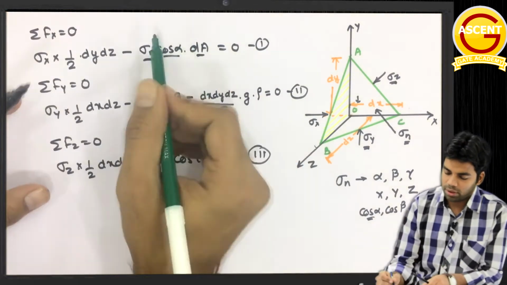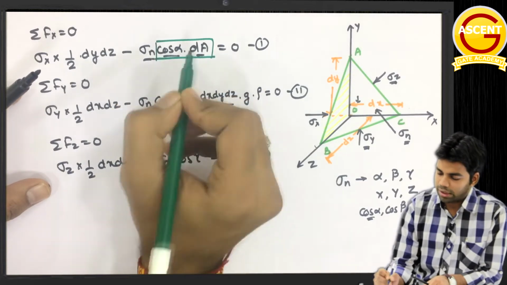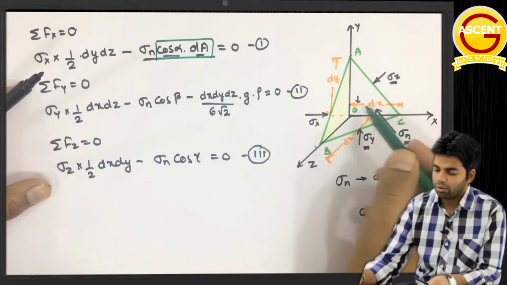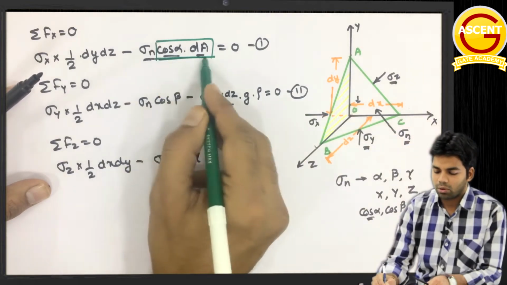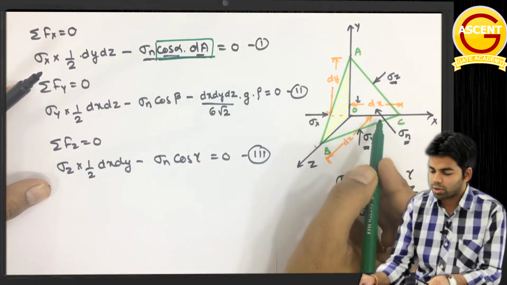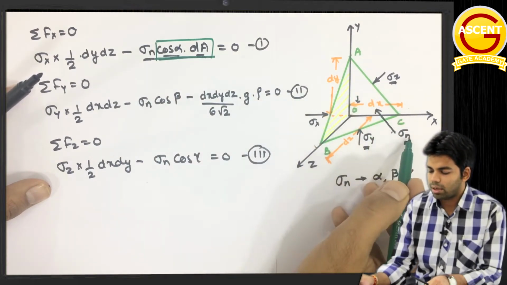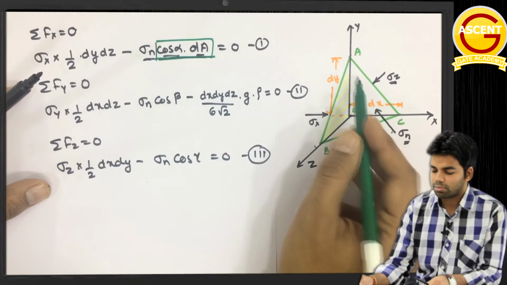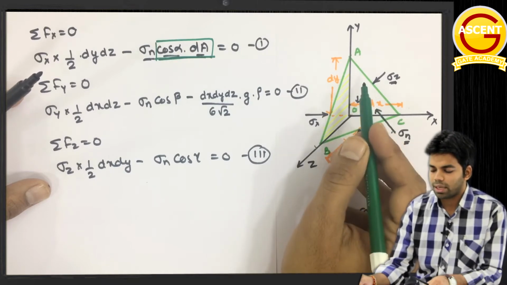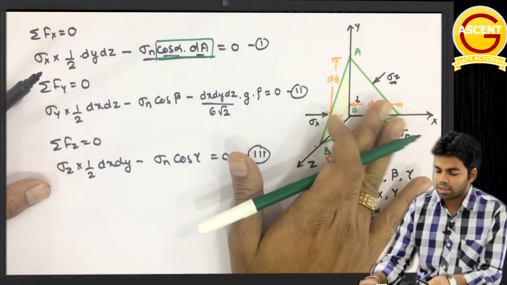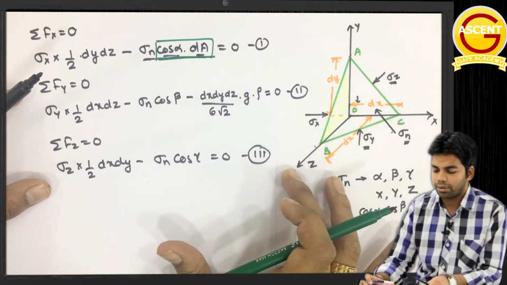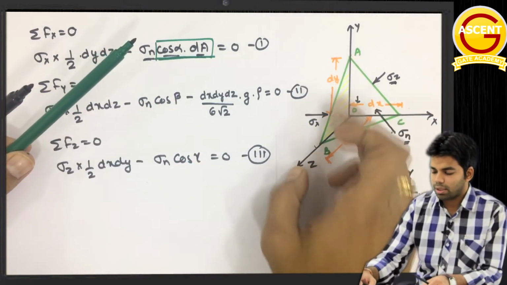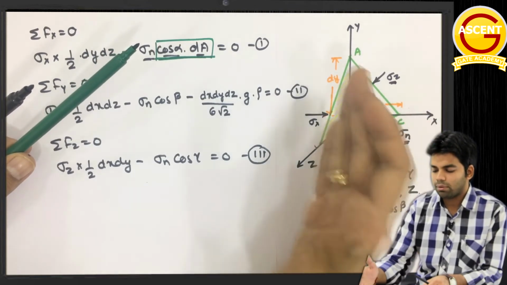What is this dA cos alpha? dA cos alpha is nothing but the projected area of this ABC on YZ plane, because sigma n is making an angle alpha with the x-axis.